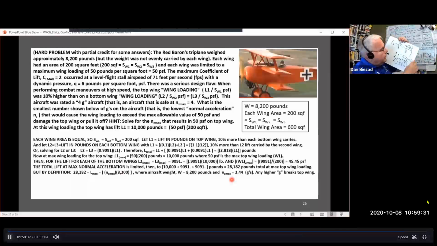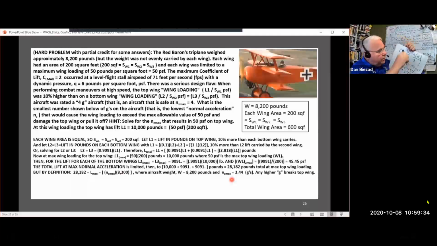Well, remember, the speed is going to be buried into Q, because Q is equal to 1/2 times the sea level density times the equivalent velocity squared. And this at maximum G is going to be called maneuvering speed. So the velocity that I'm looking for is buried inside of Q. Now let's figure out what the Q is going to be.